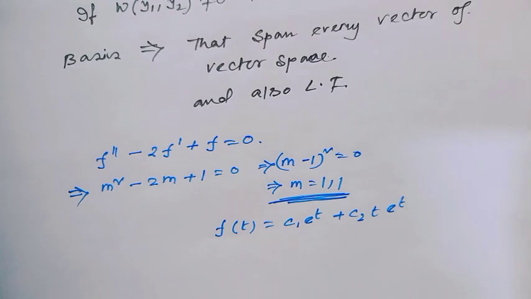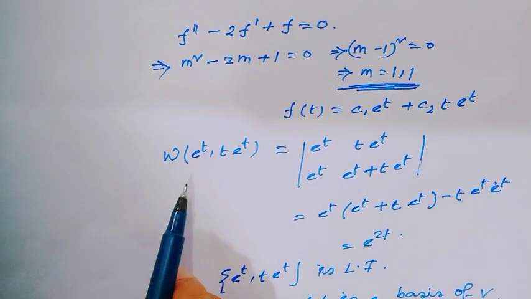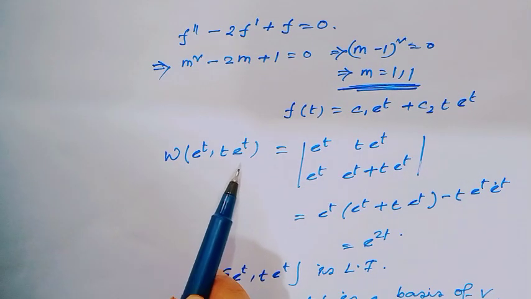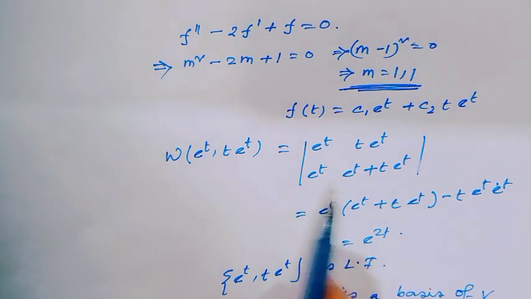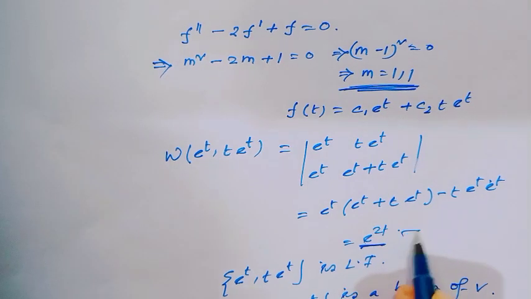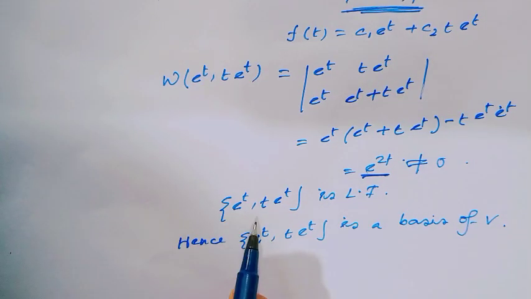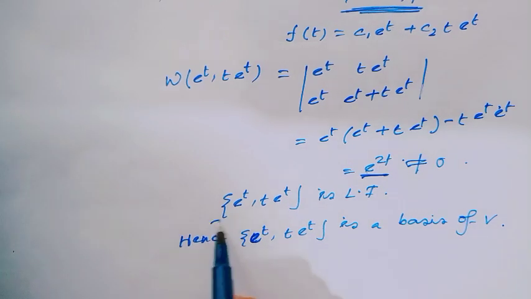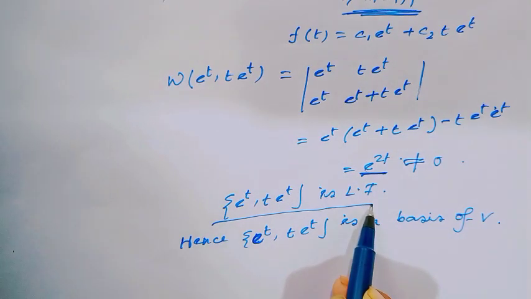So notice the Wronskian of e to the power t comma t e to the power t, just put the values, equals e to the power 2t. Since this is not equal to 0, the solutions e to the power t comma t e to the power t are linearly independent solutions.